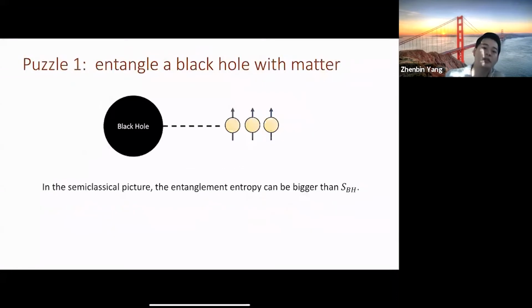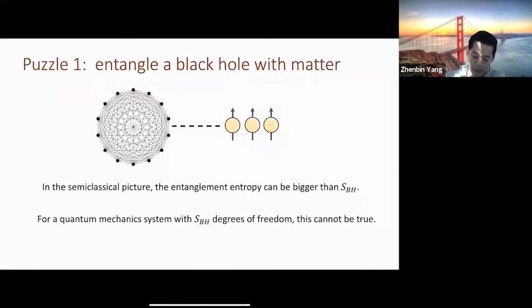The first puzzle arises when we consider entangling a black hole with a matter field. In the geometric picture, such entanglement entropy can be bigger than S black hole, simply because you can entangle more and more quantum fields inside the black hole interior. But for a quantum mechanical system with finite degrees of freedom, this cannot be true.